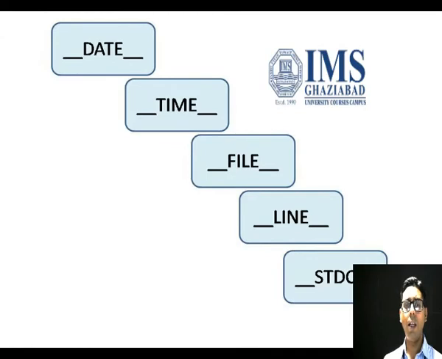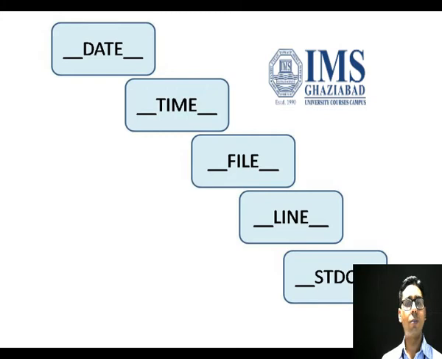We have a lot of predefined macros which have their own definitions, for example __DATE__, __TIME__, __FILE__, __LINE__, __STDC__. The __DATE__ macro is used to describe the current date as a character literal in MMM DD YYYY format, where MMM is 3 characters, DD is 2 digits, and YYYY is 4 digits.